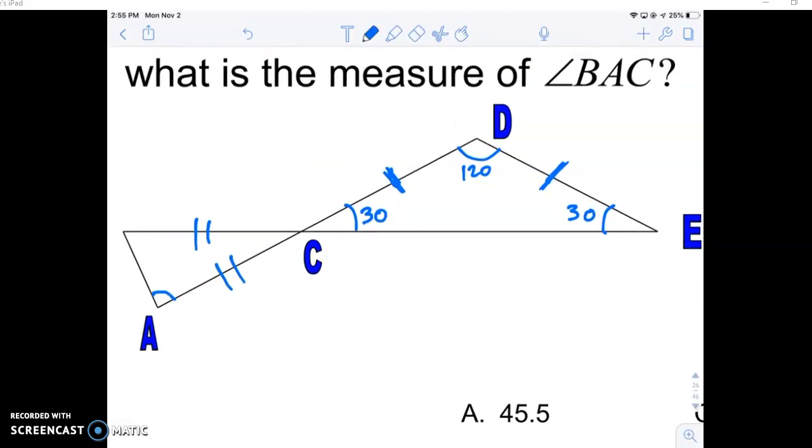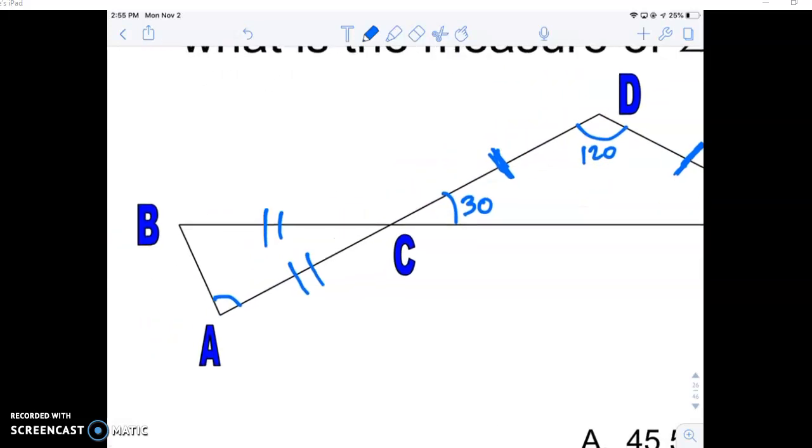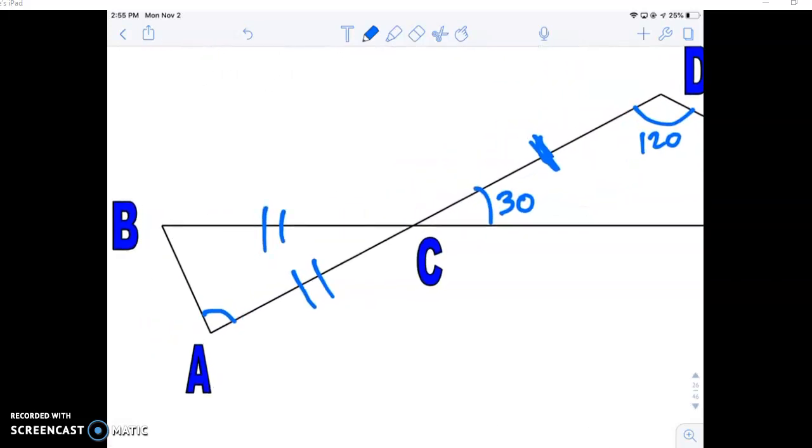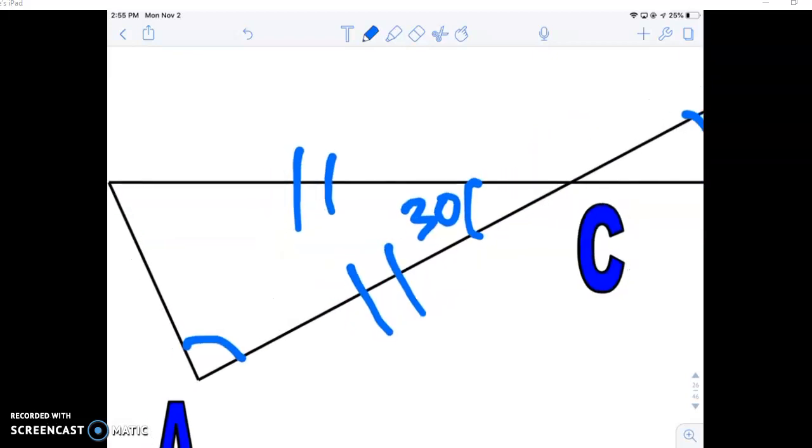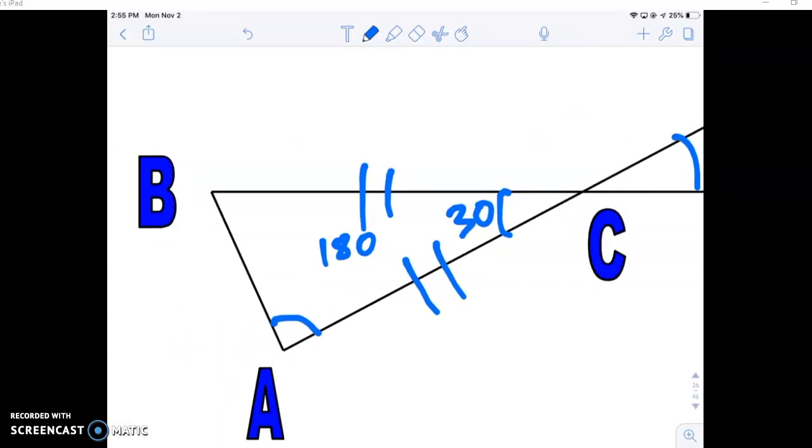That's one piece of information that we know, and using that we can figure out what this angle is. Remember, this angle and this angle are vertical angles, and vertical angles are always the same. Knowing that, we have another triangle here, and the angles always add up to 180.